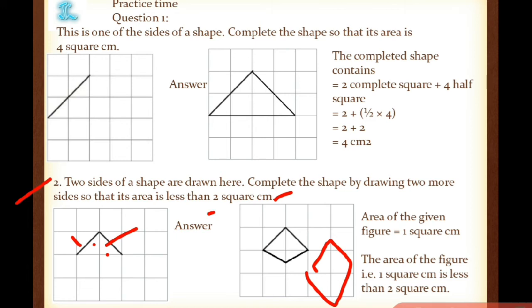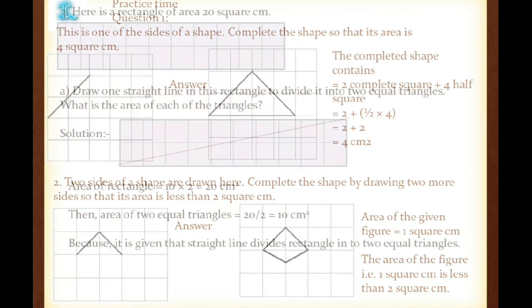So these are the two sides which are given, and the remaining two sides we have to take in such a way that it is less than half. So this is less than half, this is less than half. So the area will be half and half, that is 1. Understood all of you? Now the next one.